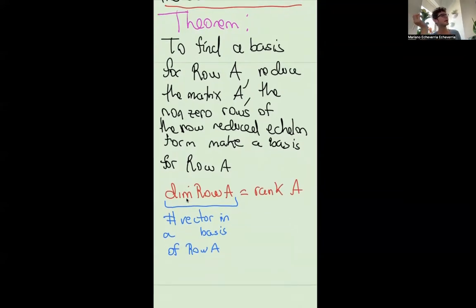So that's another reason why the rank was actually important, which may not have been obvious at the beginning. The rank is also useful to specify the dimension of this vector space.